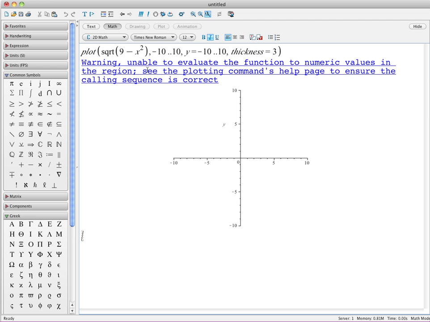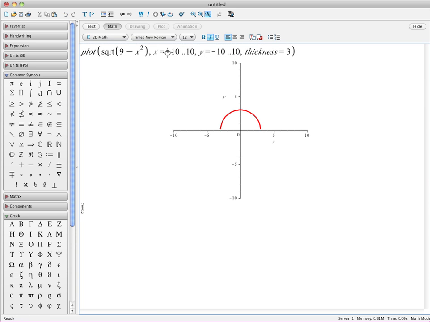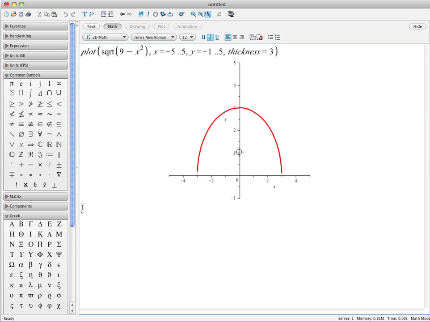Oh, I missed my x. I forgot to tell it that x is what goes there. There we go. And there's that little half circle. Now, obviously, if I modify this, maybe -5 to 5, and y -1 to, I don't know, 5, it will help me zoom in a little bit and get a better picture.